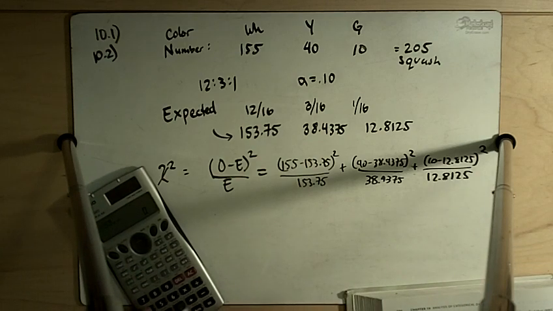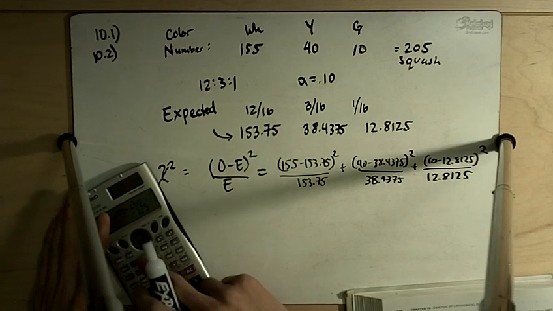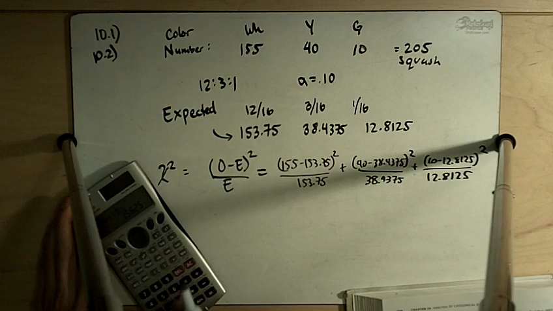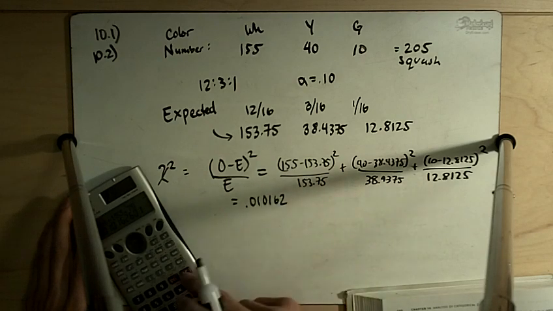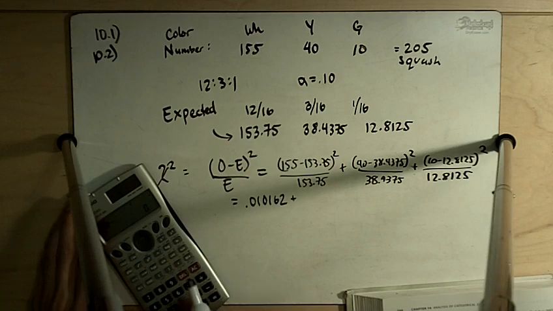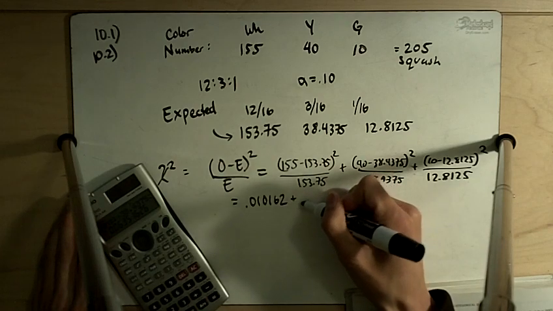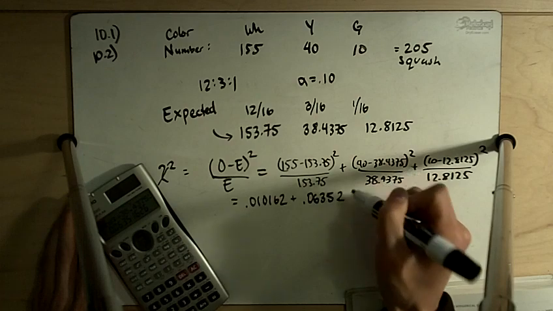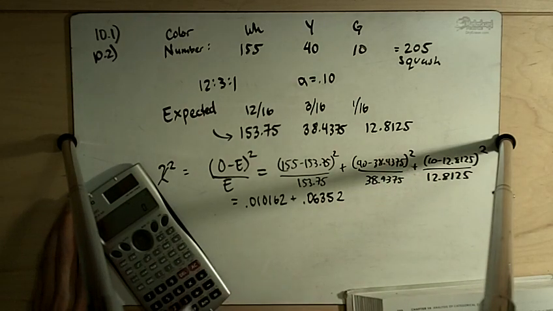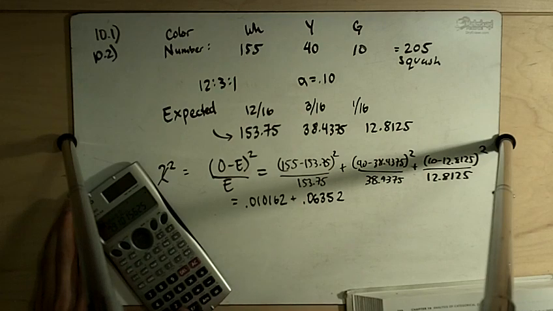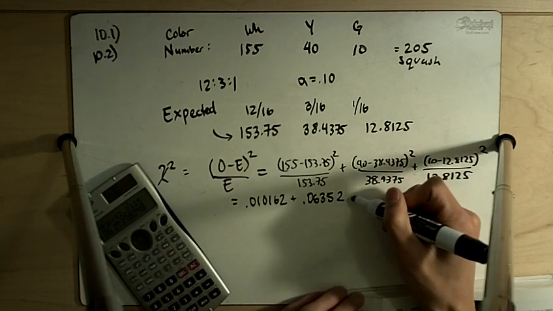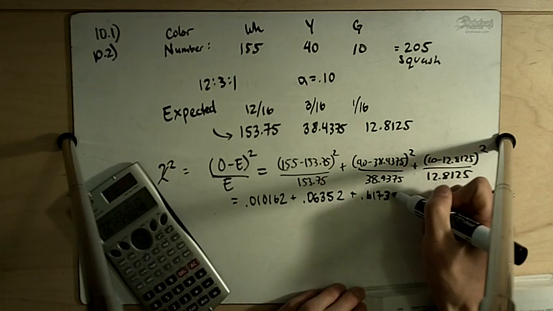Okay, so we square those. This number comes out to be 0.01062, plus 0.06352, and here we have 0.61738.